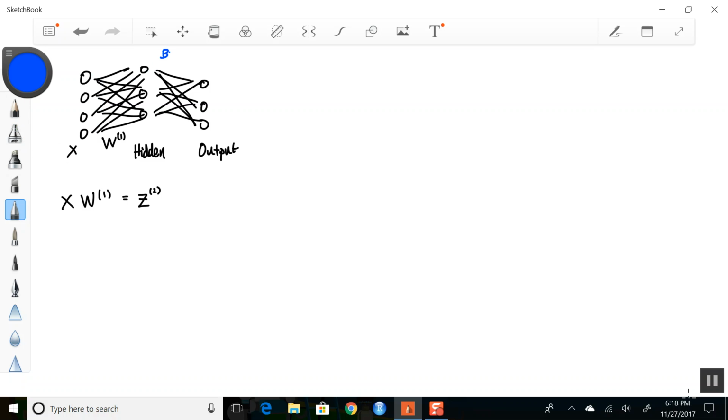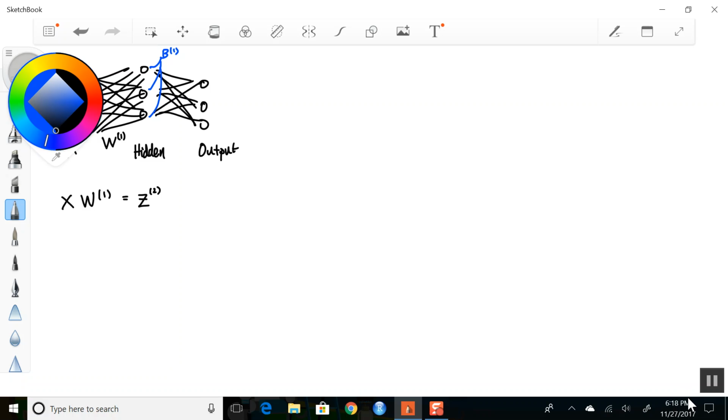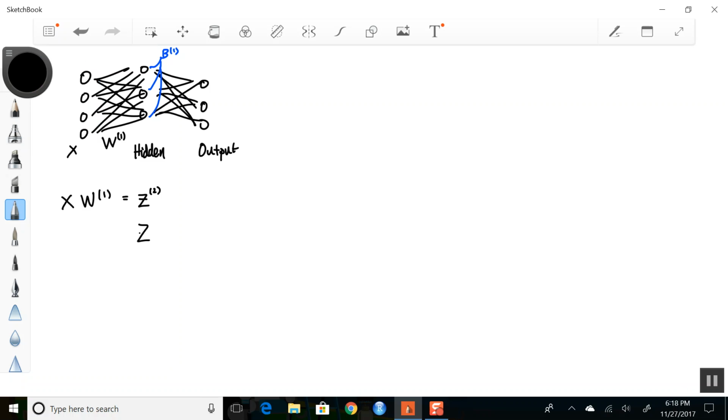So we have our first bias matrix, which comes in here, and so we will take our Z's going in, add our first bias matrix, apply the sigmoid function to it, okay, and this will be our activations coming out here.